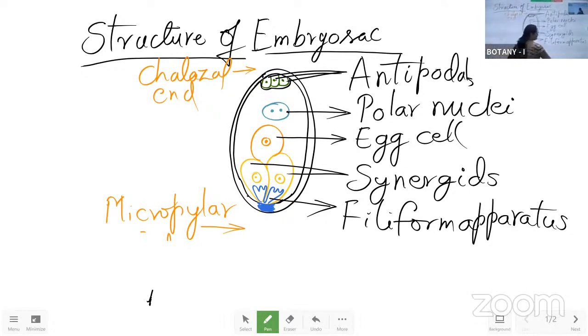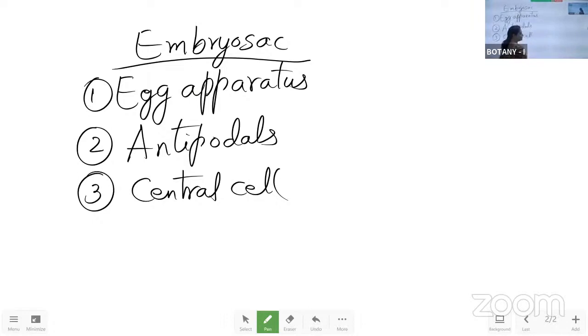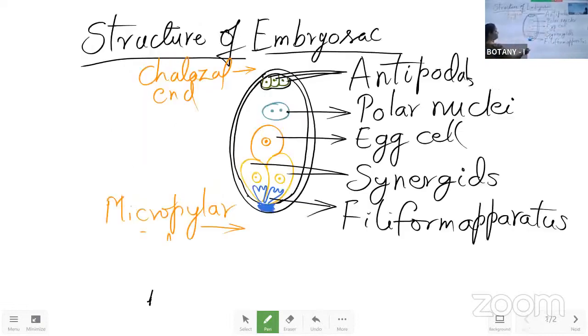After that comes the last part in the embryo sac structure, that is the central cell. What is meant by central cell? The central cell is the one which has the polar nuclei in it. It is the biggest cell present in the embryo sac, in the center of the embryo sac.